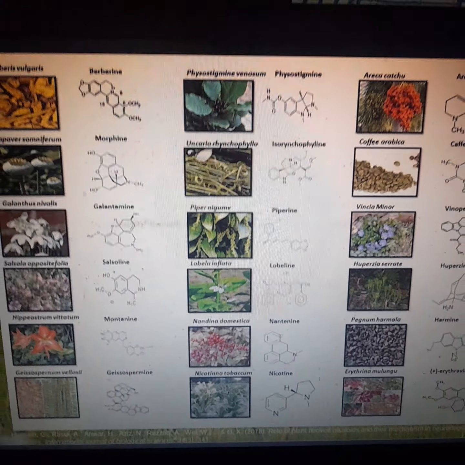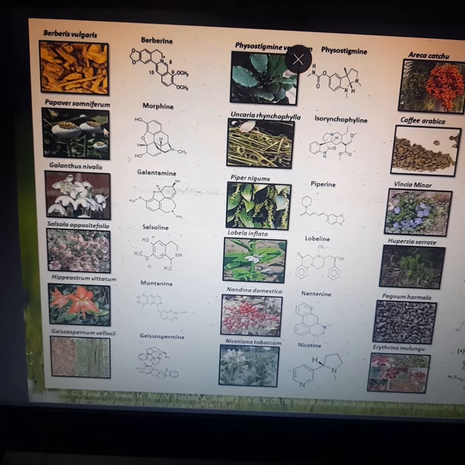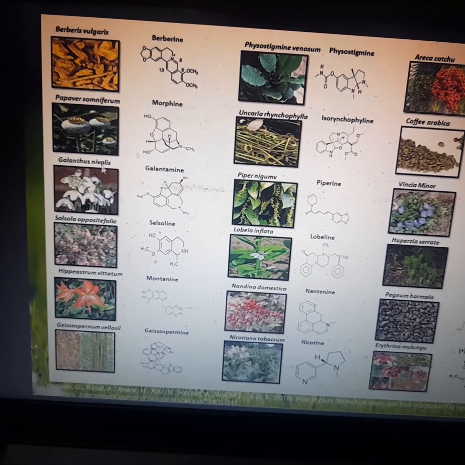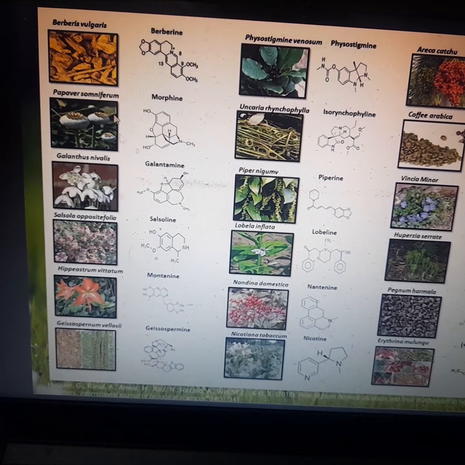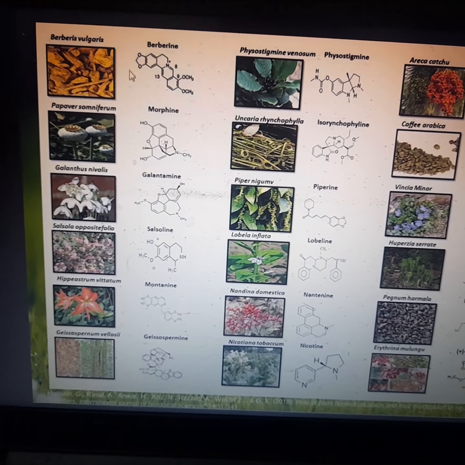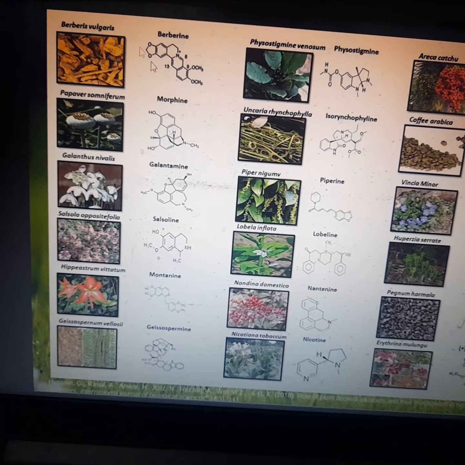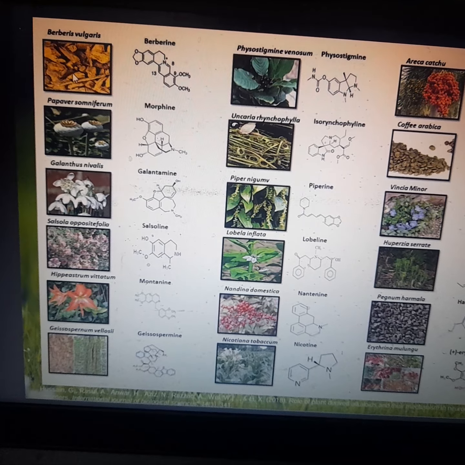So these are some examples of the alkaloids, and obviously they are found in plants. So this is a plant, Berberis vulgaris. This is berberine, the structure of berberine, which is an alkaloid coming from this particular plant.